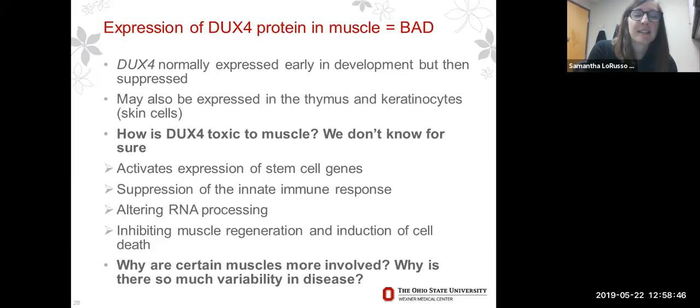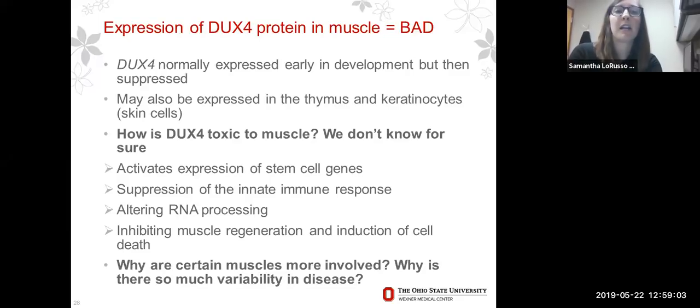Sorry, this slide is a little detailed, but basically this is something that's normally expressed, we think, mainly in early development, and then in general it's turned off. But to some degree, it is expressed even throughout life, and may be expressed in the thymus and the skin cells. People are looking into it, and again, we don't understand it completely.